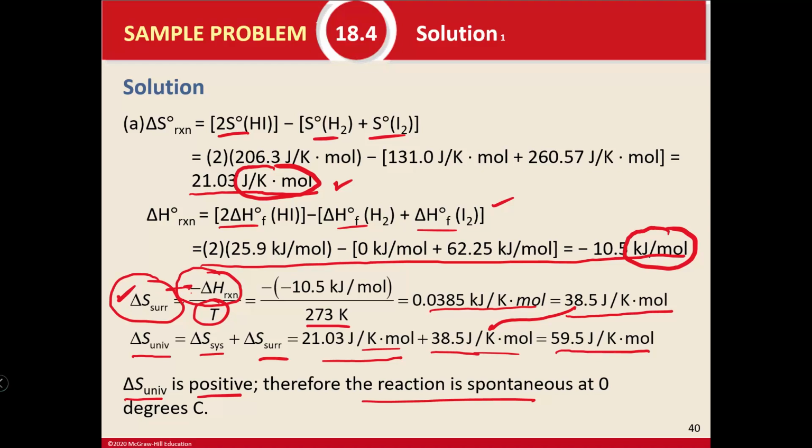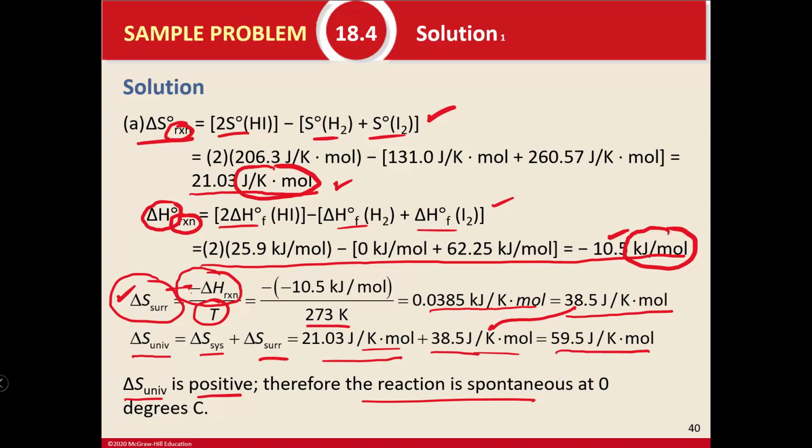So what are we doing here? We're calculating delta S from the table, which is the system. This is the standard, because it's the reaction, that is our system. That's what we're interested in studying. We calculate the standard enthalpy of the reaction of the system, and that's what we calculated here.